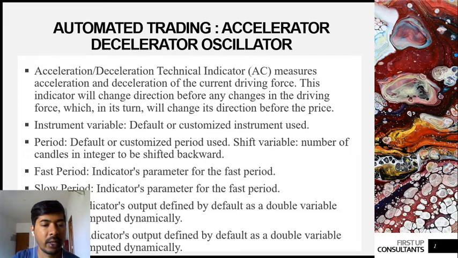A positive value indicates that the underlying momentum is in bullish territory, whereas when the values turn negative, it is in bearish territory, and this gives us an idea of the underlying trend. When it is positive, it is a bullish trend, whereas when it is negative, it is a bearish trend.